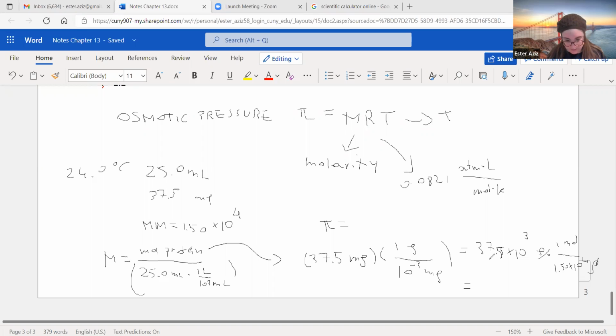I don't know it exactly because I calculated everything together, but basically here we find the number of moles, and at the denominator you will have the liters, so you divide by 25.0 milliliters times 10 to the negative 3.